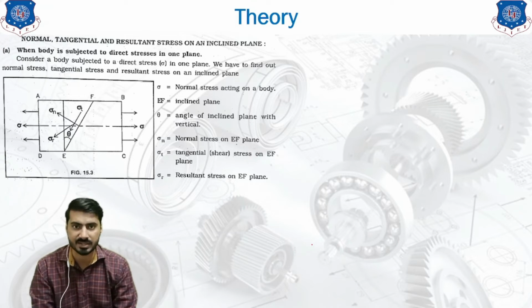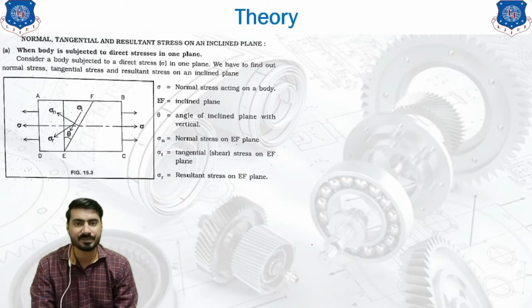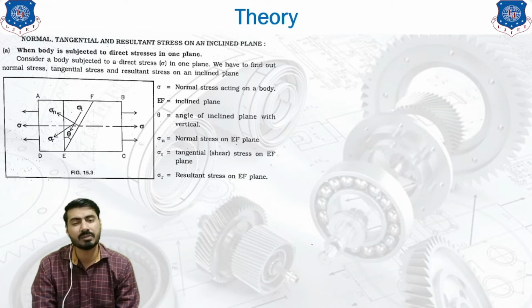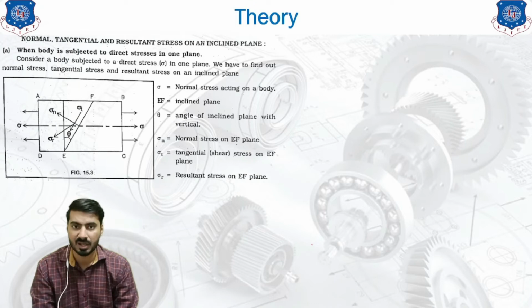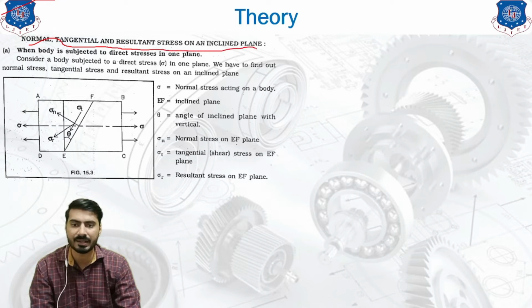On your screen, as you can see, there is a body which is subjected to a direct stress in one plane, or it might be asked in one direction. Here, we have taken the horizontal direction in which the direct stress is acting. Now we are going to find out the normal, tangential, and resultant stress on an inclined plane.